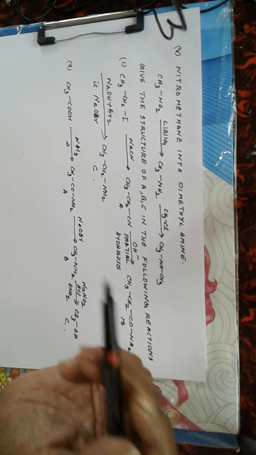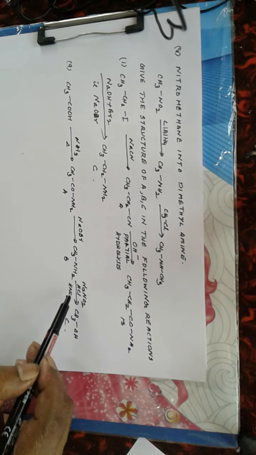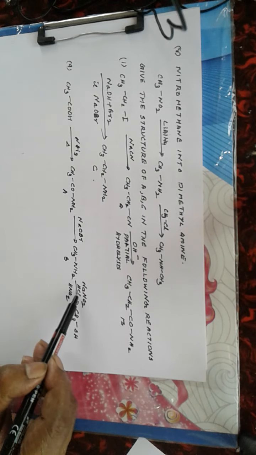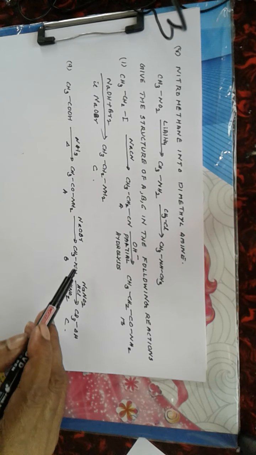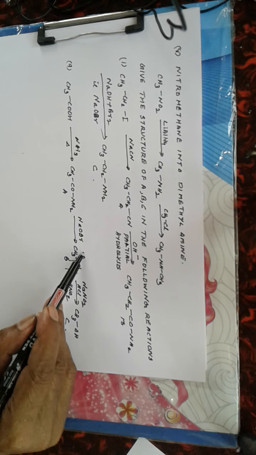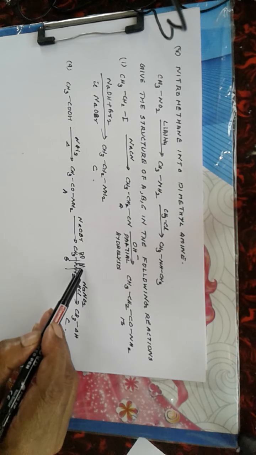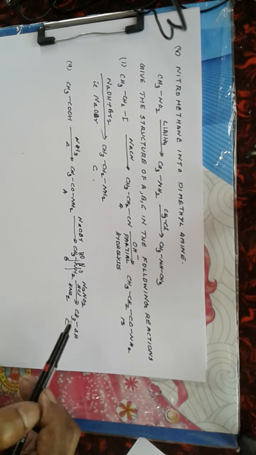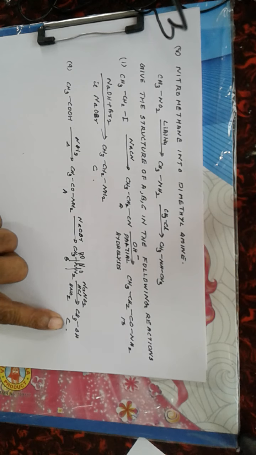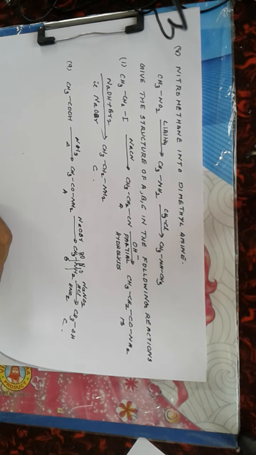Compound B is methylamine, then sodium nitrite and HCl, HNO2 is the resulting product of the reaction between NaNO2 and HCl. So this molecule splits into three compartments, and CH3OH is formed. So CH3COOH can be converted to CH3OH by this sequence.